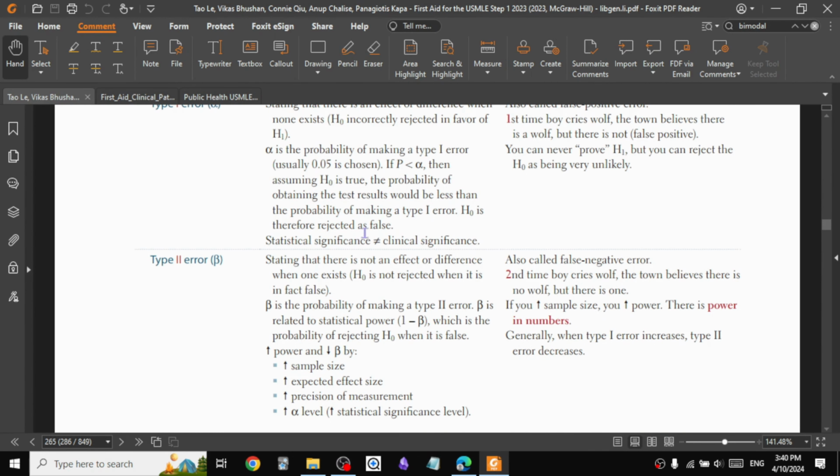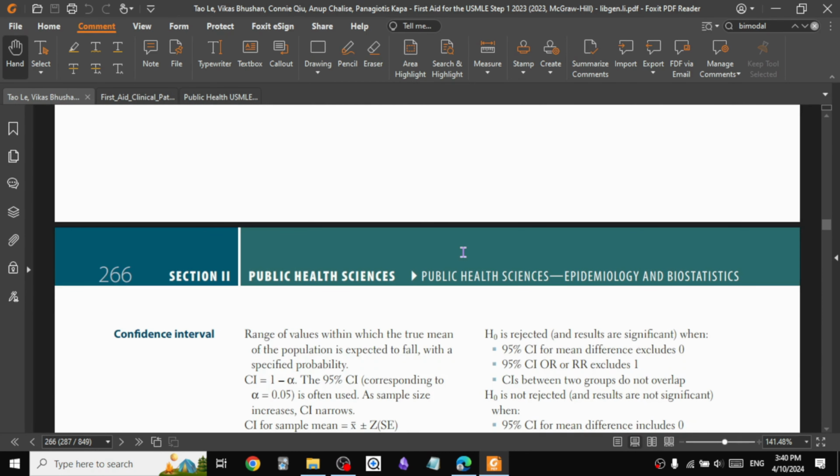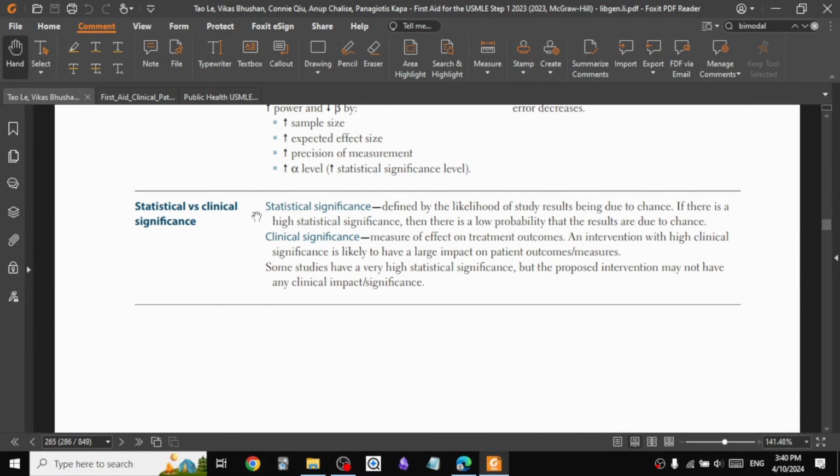And something called statistical significance and clinical significance. What does this mean? Statistical significance is basically like theoretical significance. We're basically limiting our chance, limiting our environmental variables, our patient variables, all of that, and trying to gain significance based on just theory.